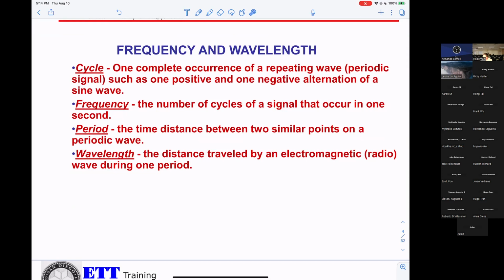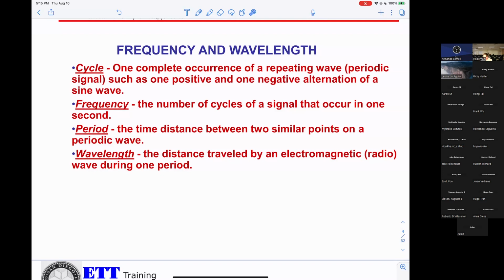One complete occurrence of a repeating periodic signal, such as one positive and one negative alternation of a sine wave. That will be one cycle. What is the frequency? Frequency, the number of cycles of a signal that occur in 1 second.